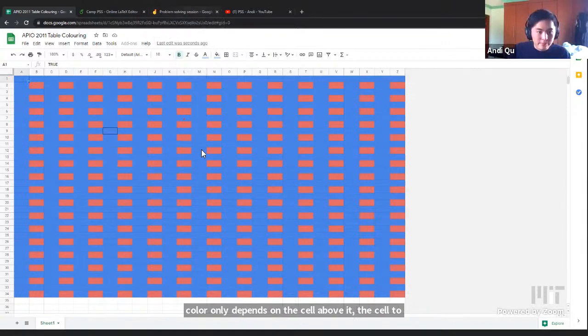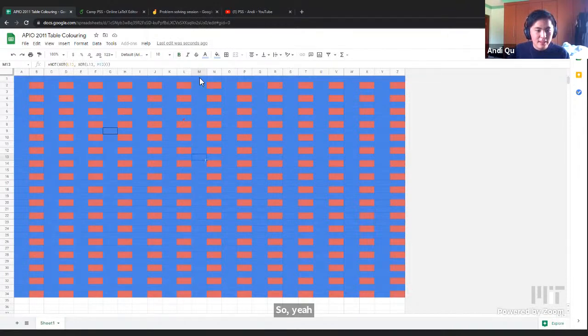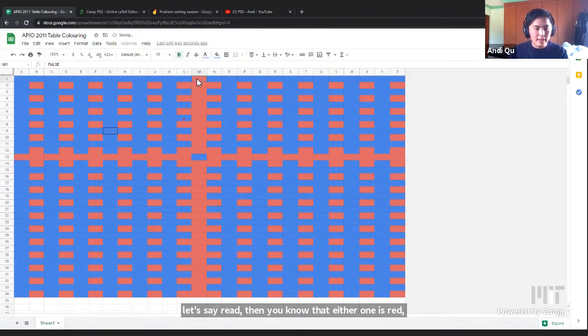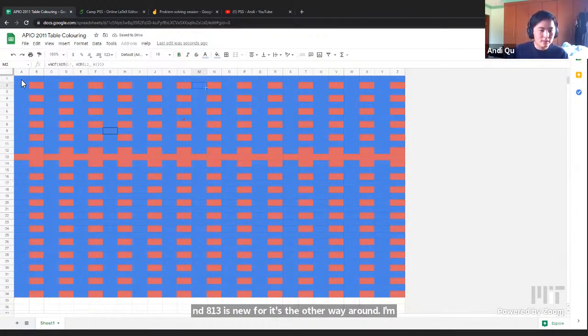So that means if you know the cell's color, then you know that this cell depends on this cell. And so if you know that M13 is, let's say, red, then you know that either M1 is red and A13 is blue, or it's the other way around, assuming that A1 is blue, right?